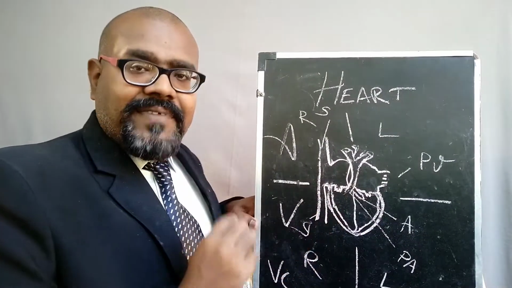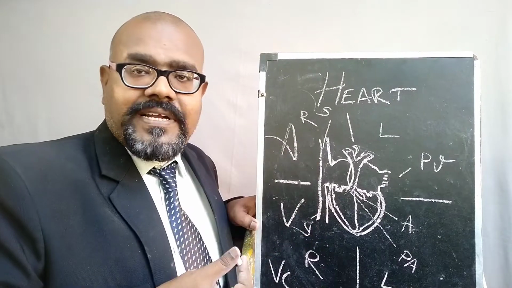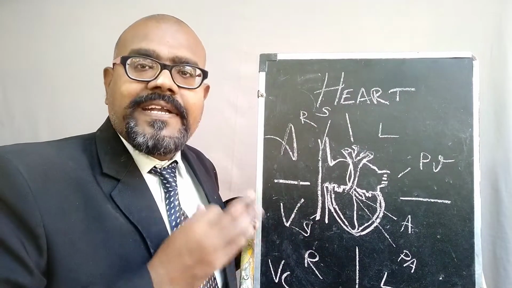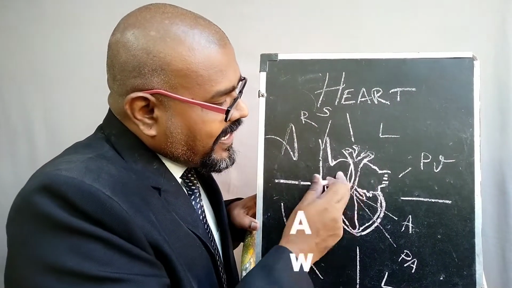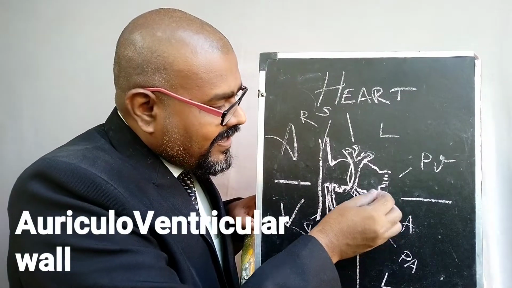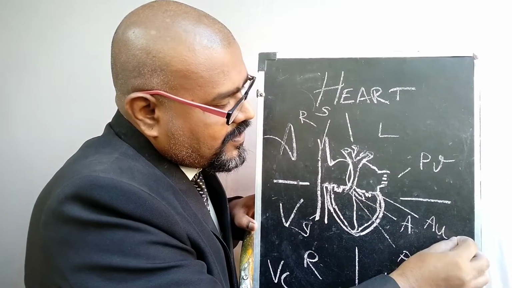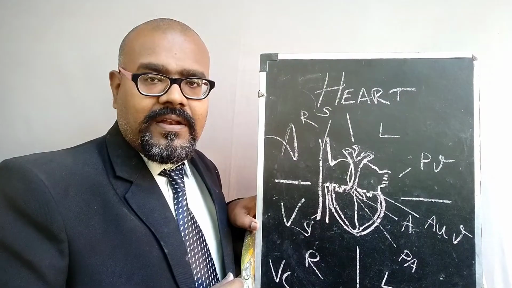The auricles and the ventricles are divided by a wall, which is called the auriculoventricular wall.